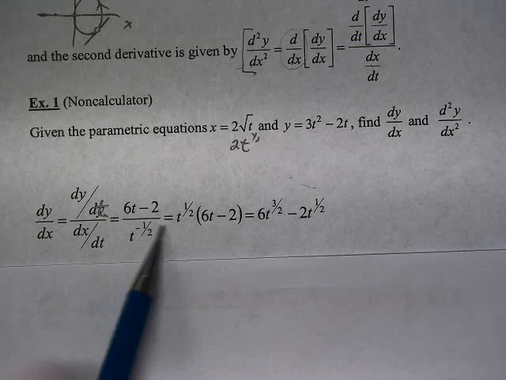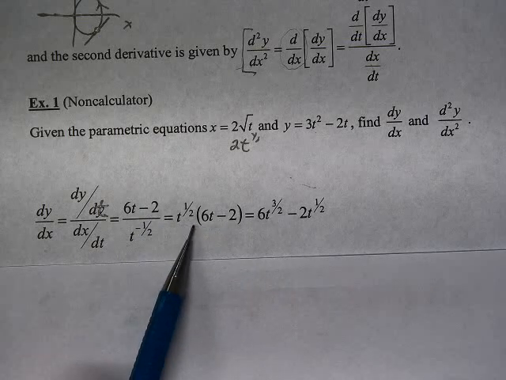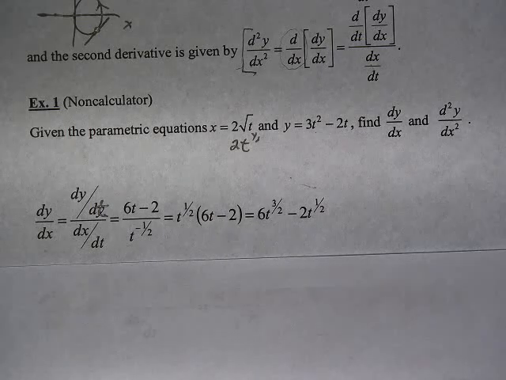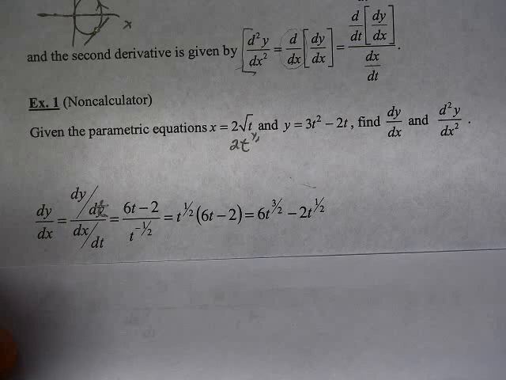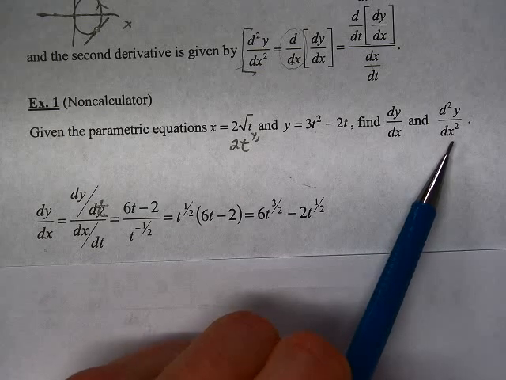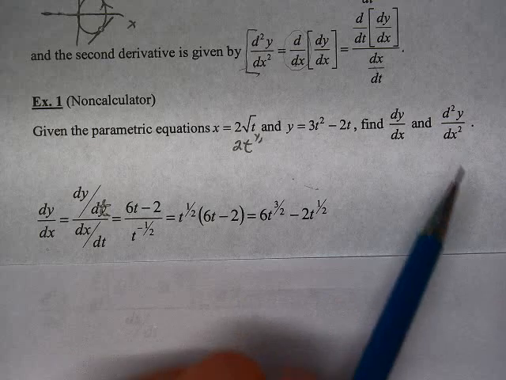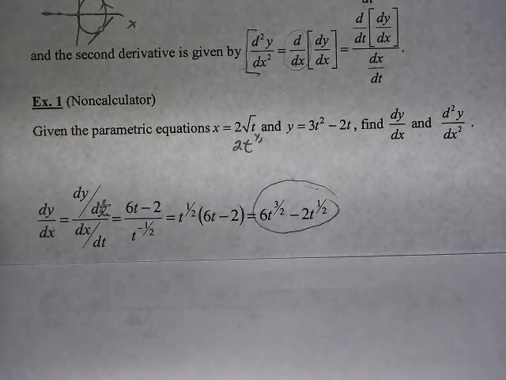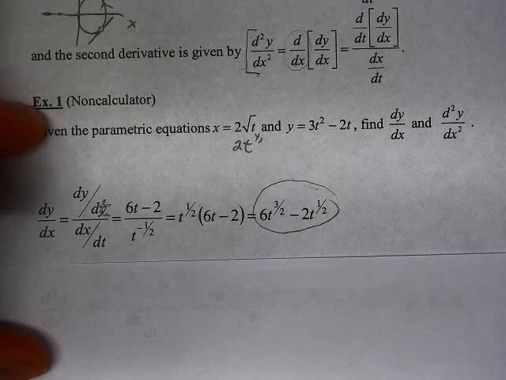I'm going to rewrite that a little bit, clean it up a little bit. I bring this t to the 1/2 into the numerator and then distribute it through, and I get 6t to the 3/2 minus 2t to the 1/2. All right. Now we want the second derivative of y with respect to x. So we're going to take the derivative of this with respect to t over the derivative of x with respect to t.